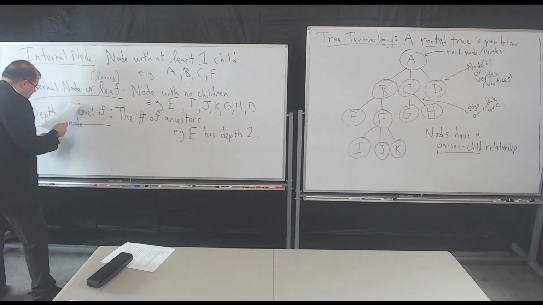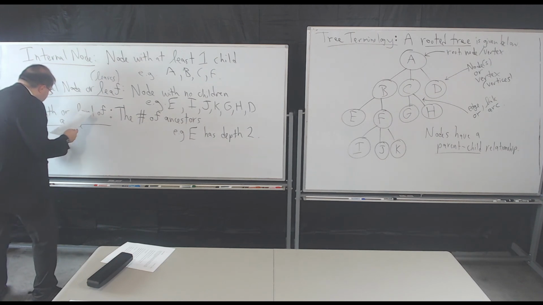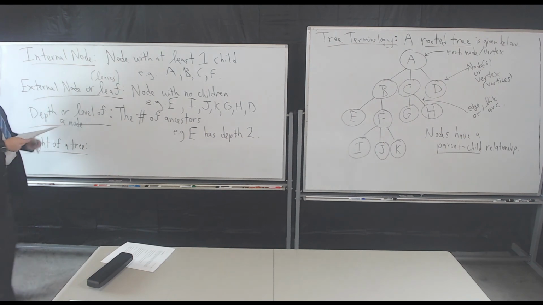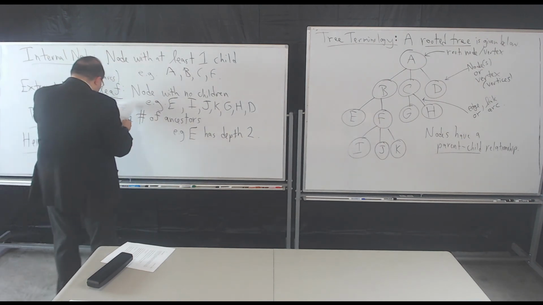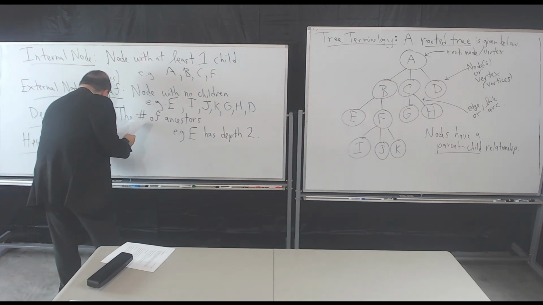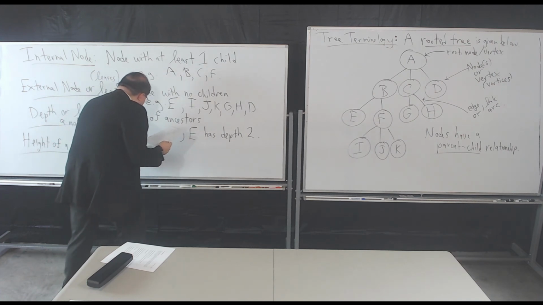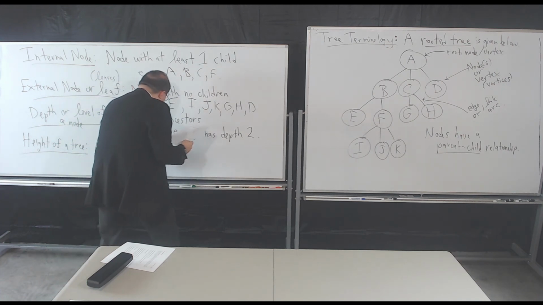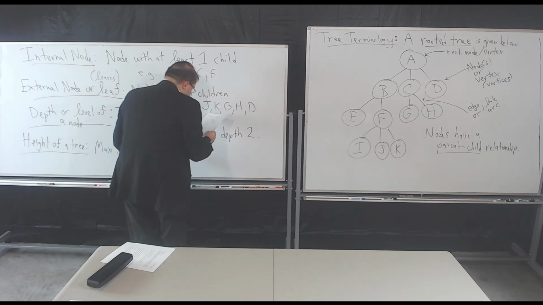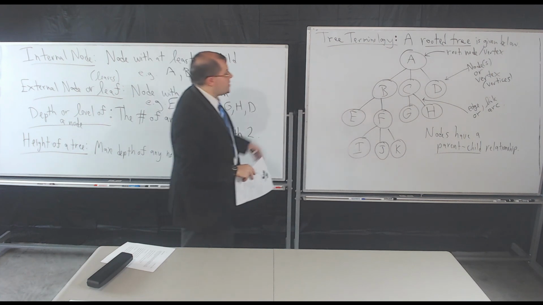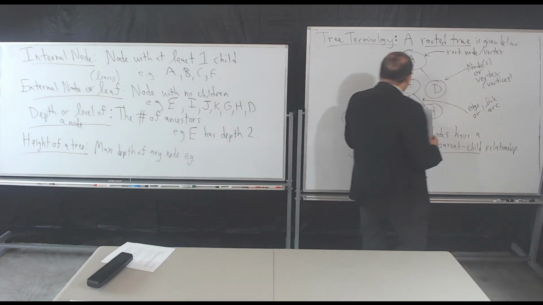So the height of a tree is the following. It's the maximum depth of any node. If I give you this tree, what would be the height of this tree?